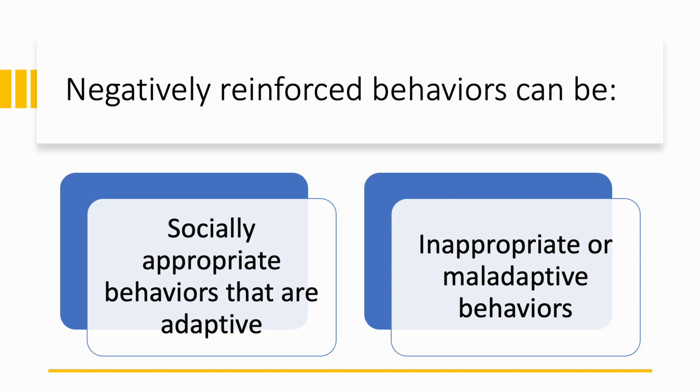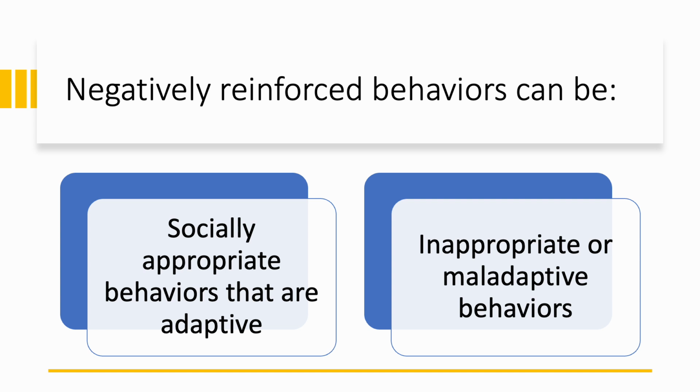So for example, let's say that you have a client that engages in aggression to escape some sort of interaction with someone else, with a peer, let's say. If you have a client that engages in aggression to escape interactions with peers, we could simply teach them appropriate mands, right? The aggression is considered a maladaptive form of behavior. It's a problem behavior, however you would like to look at it. It's not appropriate by any means.